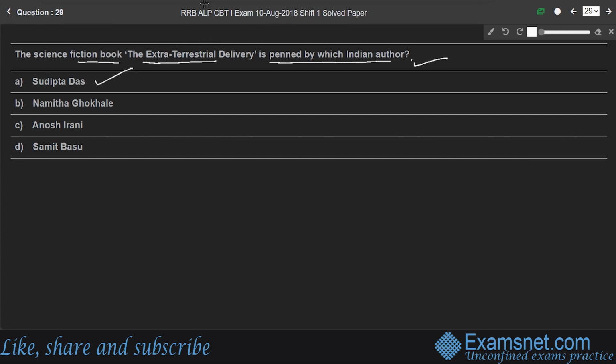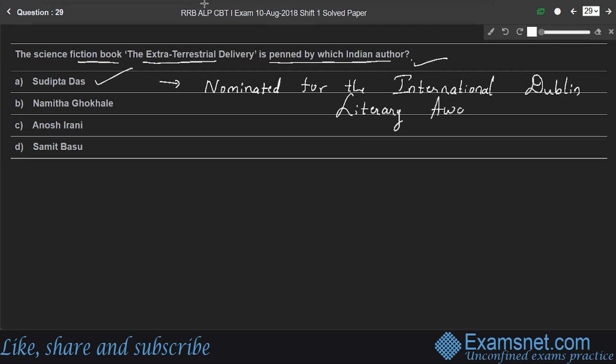The book was nominated for the International Dublin Literary Award in 2018.